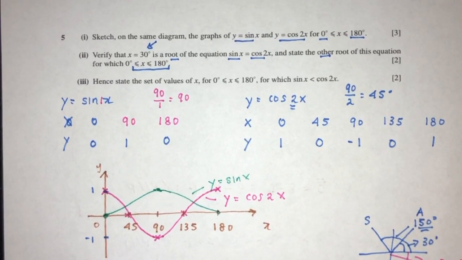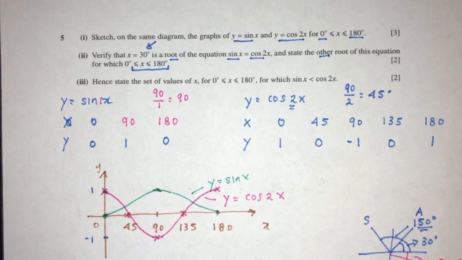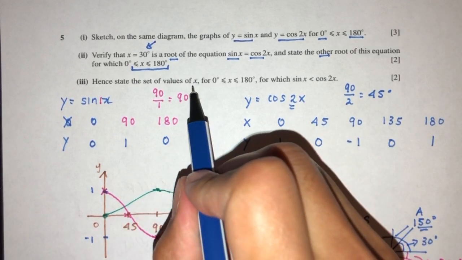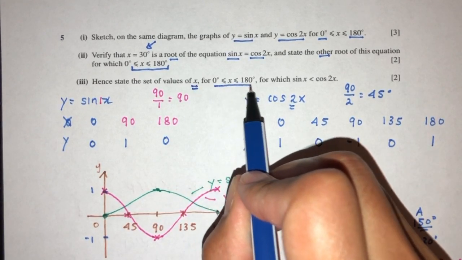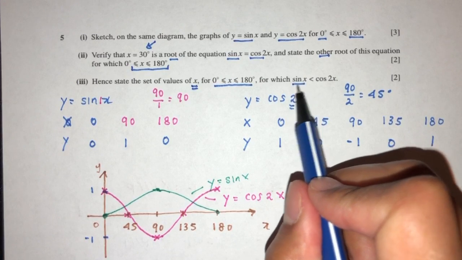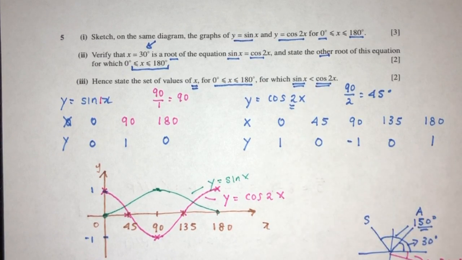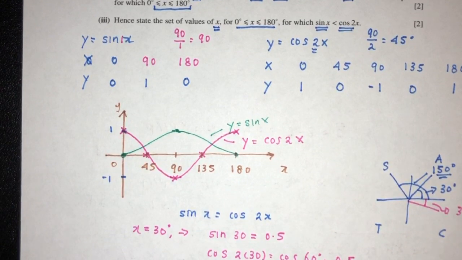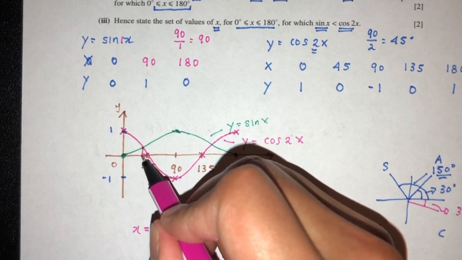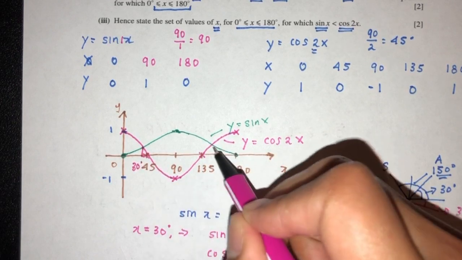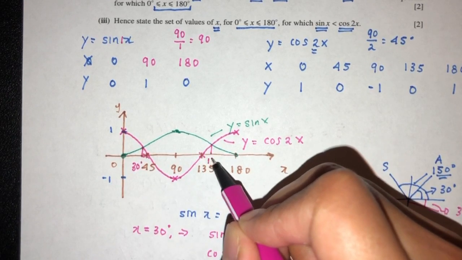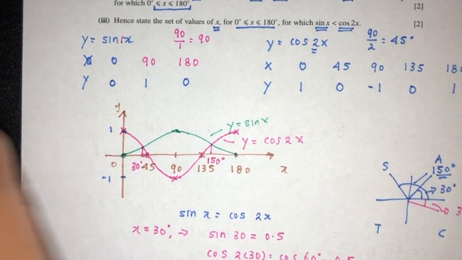So hence, we have to state the values of x for which sine of x is less than cos of 2x. What it means is that we know here the point of intersection is 30, right? And here also we have 150, right?